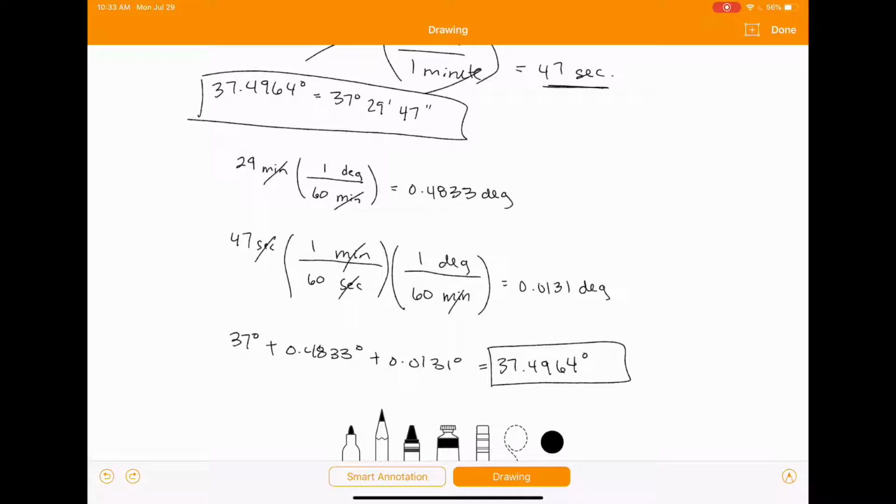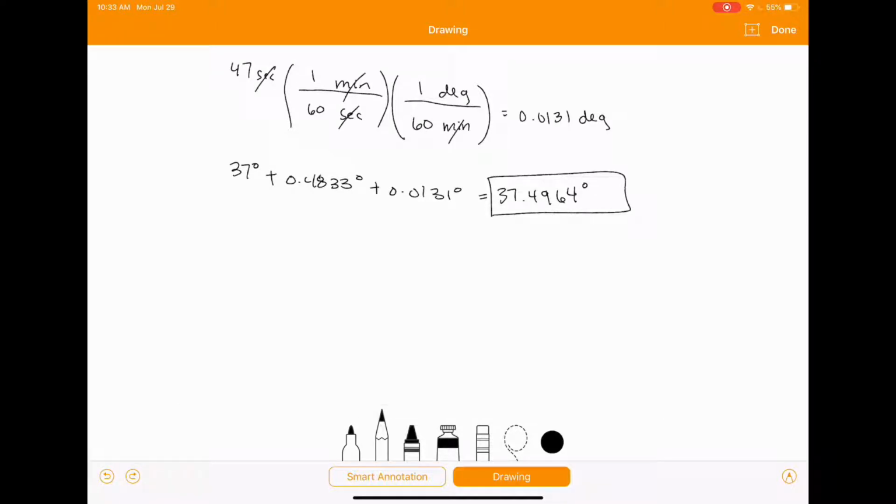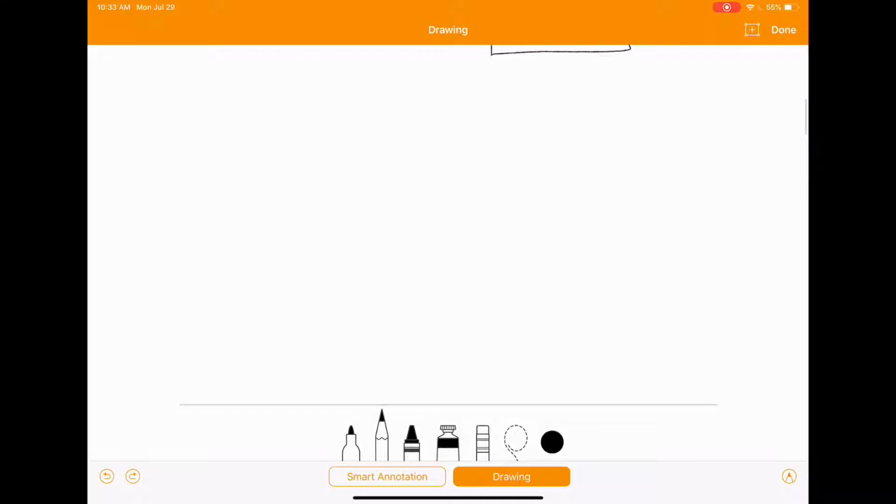So again, it's just simple unit conversions to go back and forth. So that's one thing that you'll need to learn how to do and be efficient at in order to be successful in surveying. Another thing is to remember your trig properties.